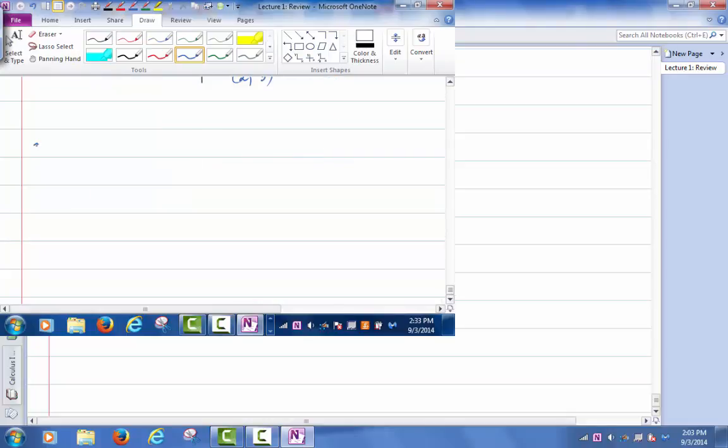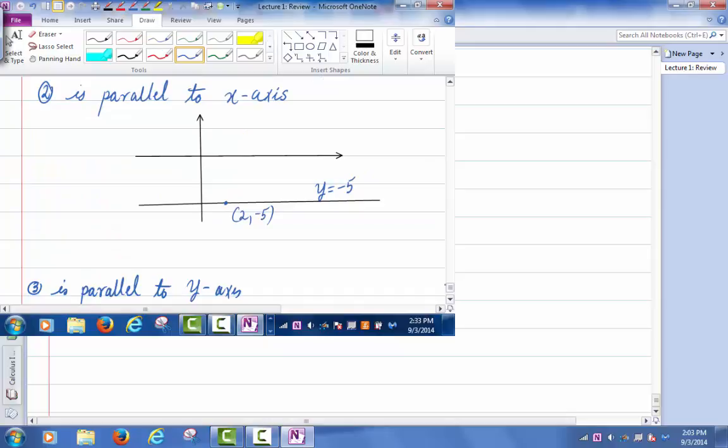That was 2. Number 3, the line is parallel to the y-axis. What did you say now? Yeah, now what you have is a vertical line through 2, negative 5, right?